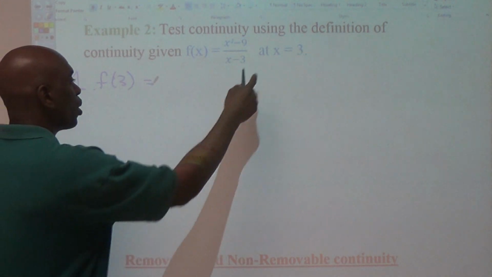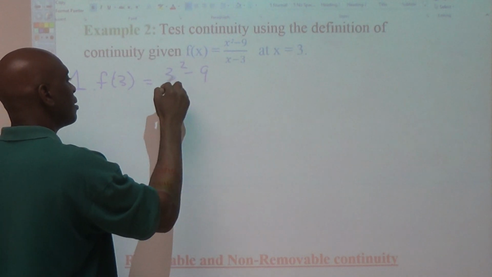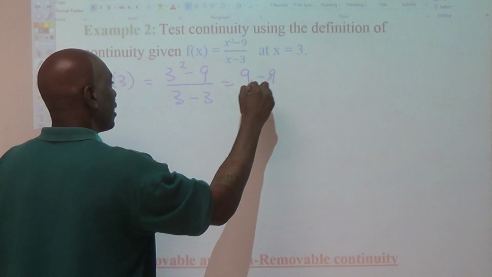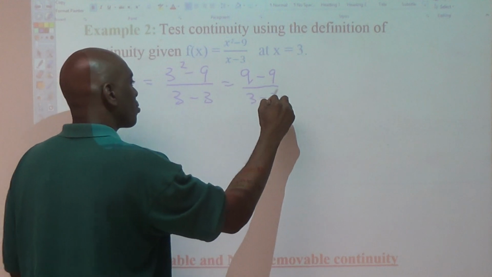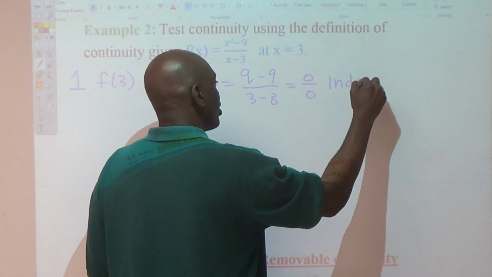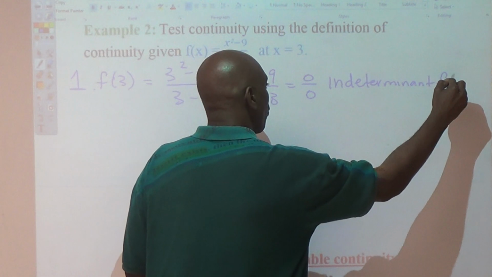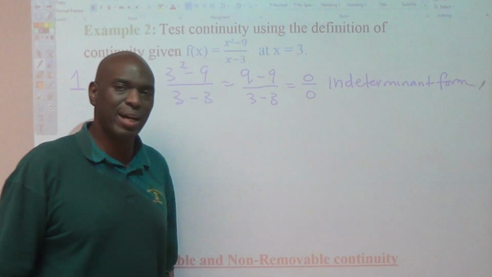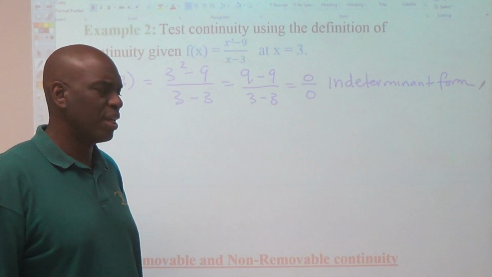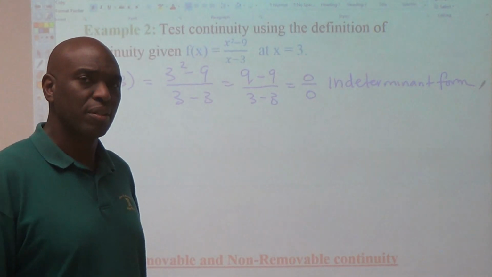Well, plug in 3. 3 squared minus 9 over 3 minus 3. 9 minus 9 over 3 minus 3 is 0 over 0. This is the indeterminate form. Oh my, that's not too good. That's not good at all. If we cannot determine a value of the function, that's a problem.